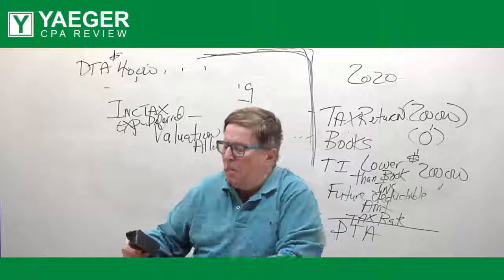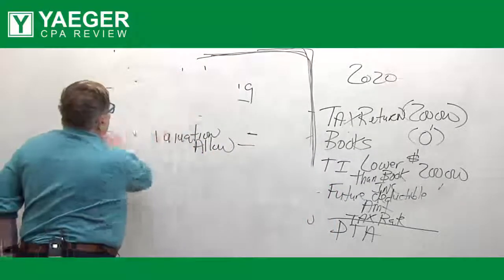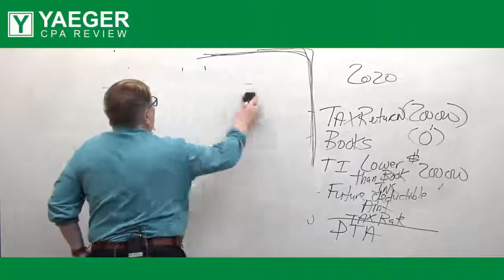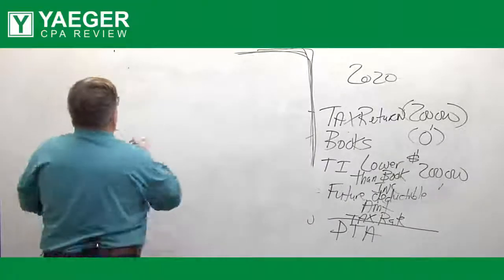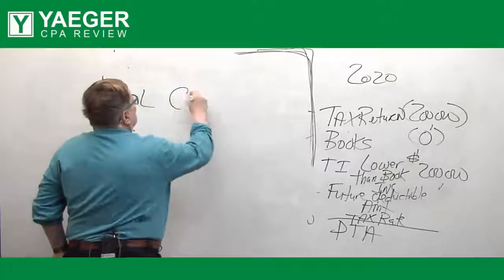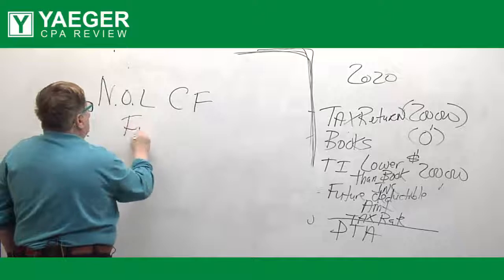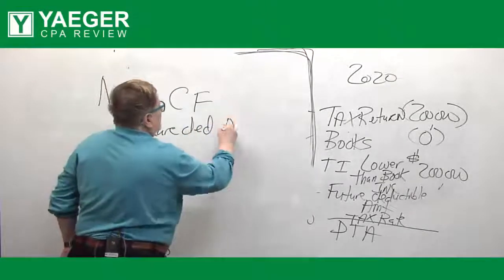So please remember, a net operating loss carry forward is always considered a future deductible amount. Net operating loss carry forwards are always future deductible amounts.